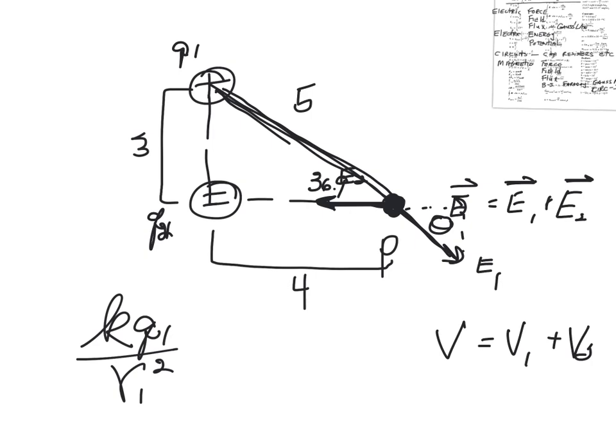You have to do all that trig. So you see how much easier the other one was. But you should be able to do this. And remember, fields are vectors, potentials are scalars. You just add the numbers according to the sign of the charge. Okay, that's enough for now.